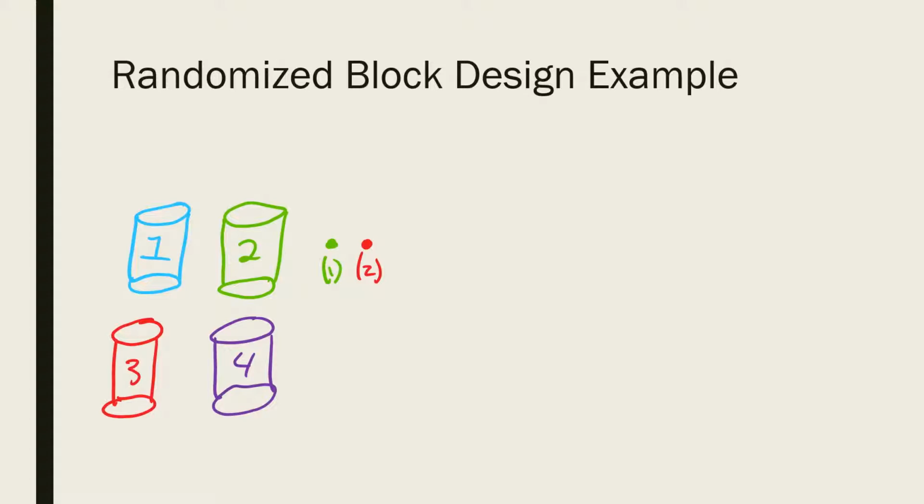If you were to use regular or random assignment and assign the sensors to all four of the tanks at once, randomly, you could end up with the majority of your type 2 sensors in tank 1 and 2, and the majority of your type 1 sensors in tank 3 and 4.